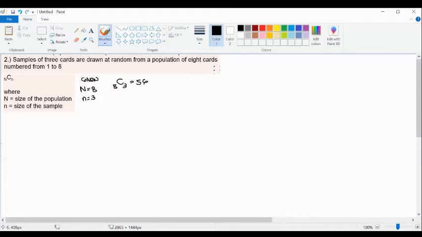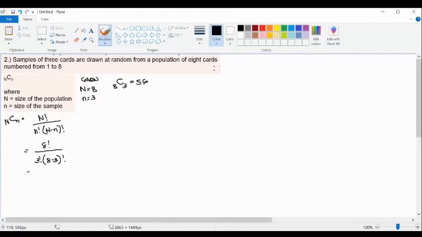Now let's try to compute it manually, just to review your past lessons about probability. The formula is N factorial over n factorial times (N minus n) factorial. So let's compute it. That is 8 factorial over 3 factorial times (8 minus 3) factorial.